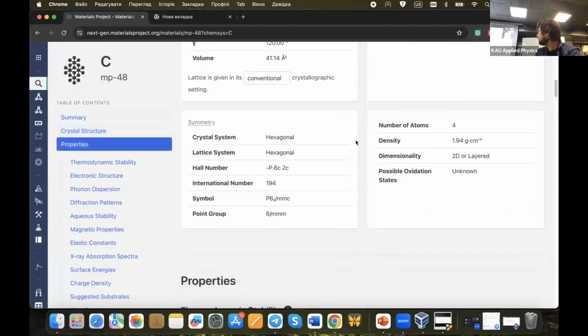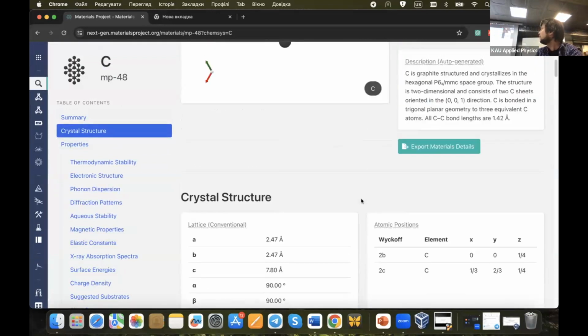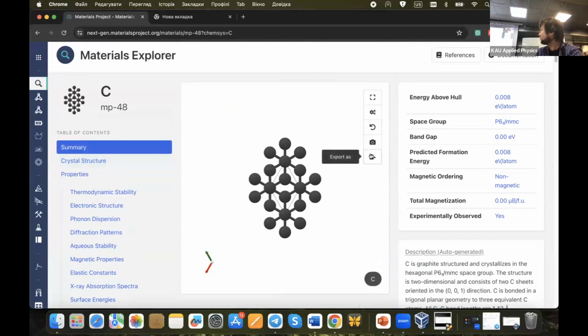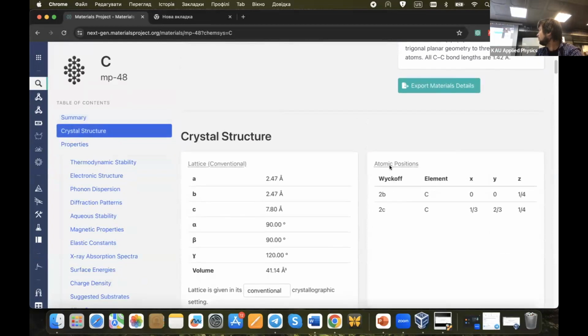Okay, what do we have here? You see Wyckoff positions, atomic positions. The easiest way is just to export this. You take this, you take the POSCAR, and then you see all atom coordinates. But we also see this thing.